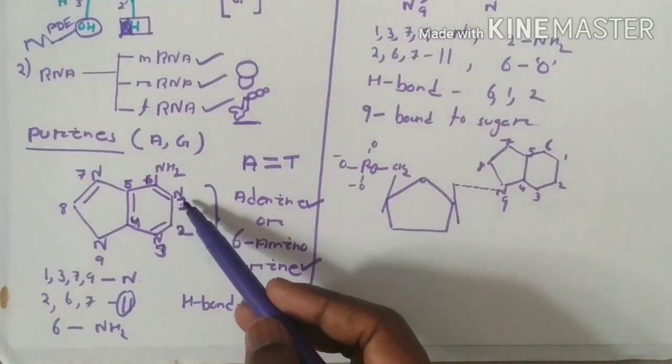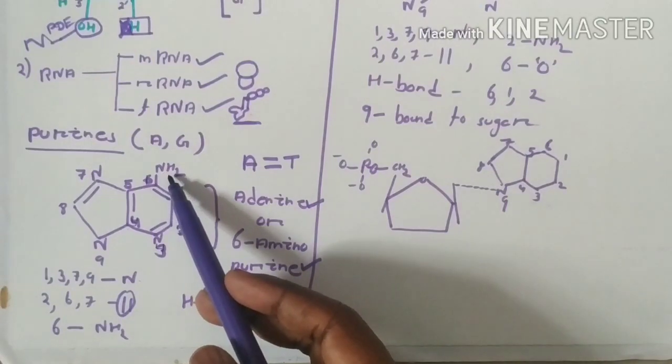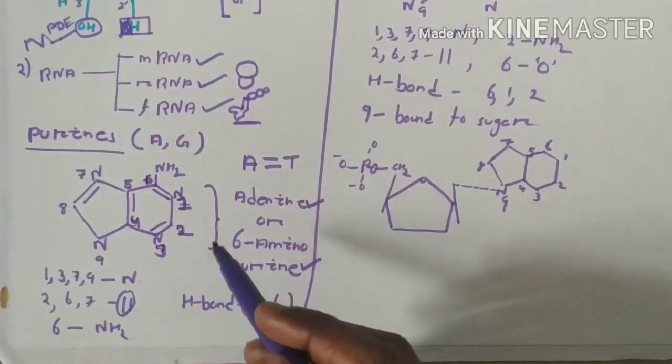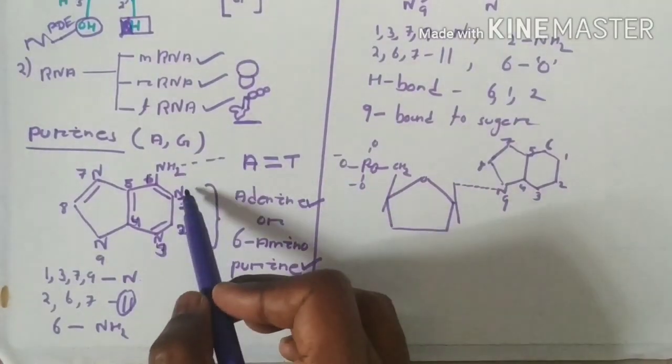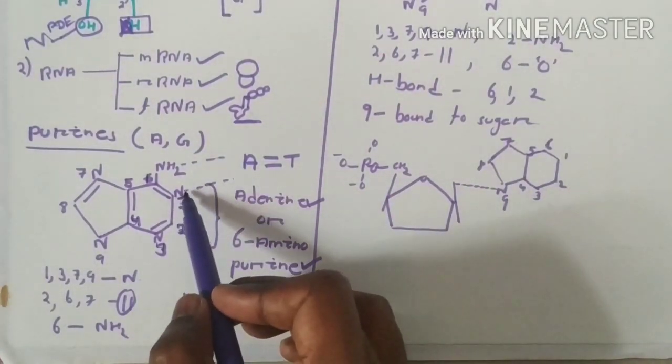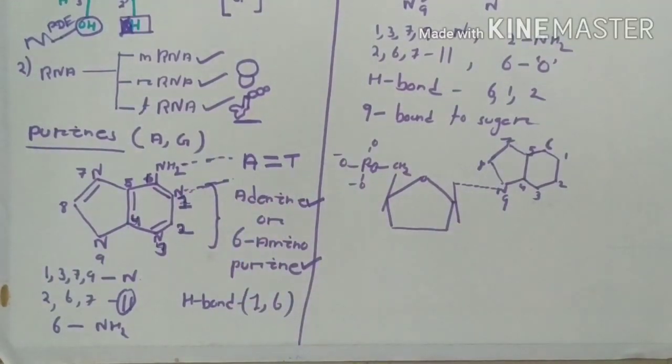In the 1 position nitrogen is present, and in the 6th position our amino group is present. So the hydrogen bond with T is formed via this.